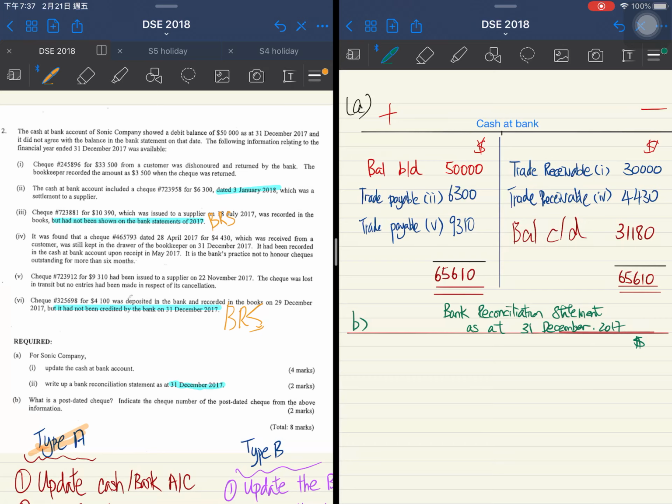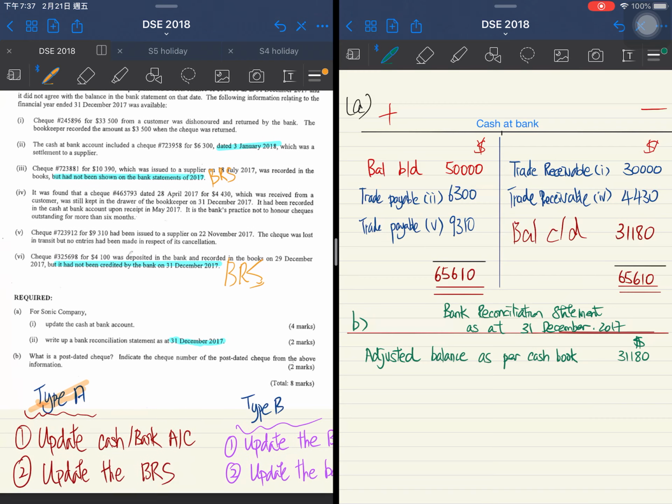So we use the balance carried down. We count it as the adjusted balance as per cash book, that is 31,180.